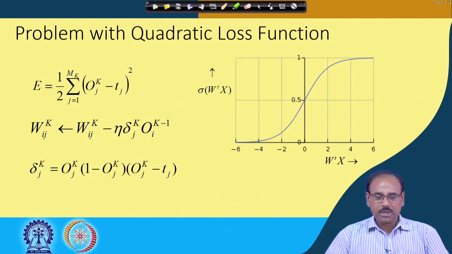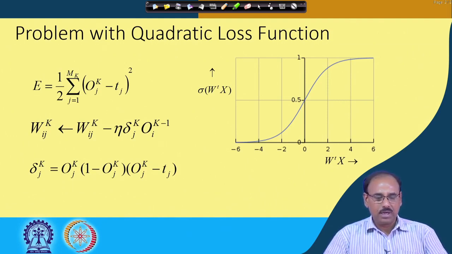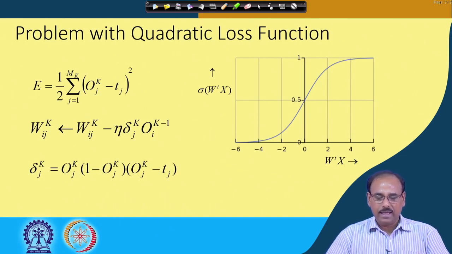So, for the weight updation, the updation rule that we have used is W_ij^k gets W_ij^k minus eta times delta_j^k times O_i^(k-1) in case of the quadratic loss function, where this delta_j^k was derived from the derivative of the sigmoidal output.